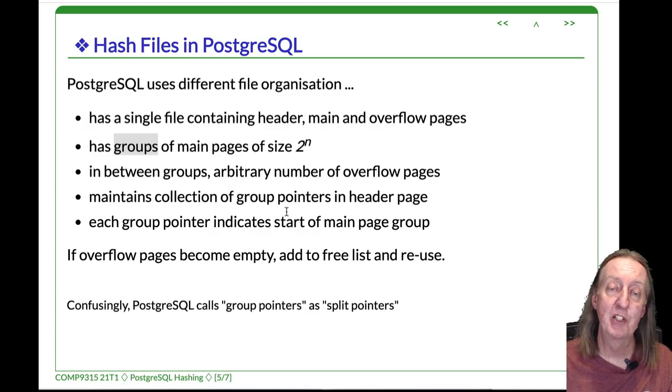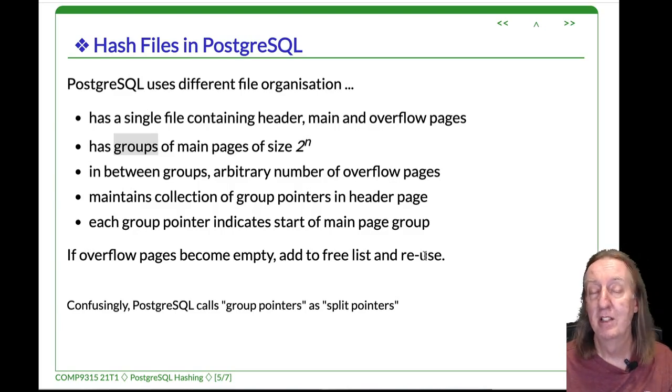Well, the header page contains a bunch of group pointers, and each group pointer indicates an offset to the start of a group of data pages of size 2 to the n. If overflow pages become empty, then they can be added to a free list of overflow pages. So we don't actually have an overflow file that's got a bunch of empty pages in it. We may have empty overflow pages in the data file, but we can reuse them.